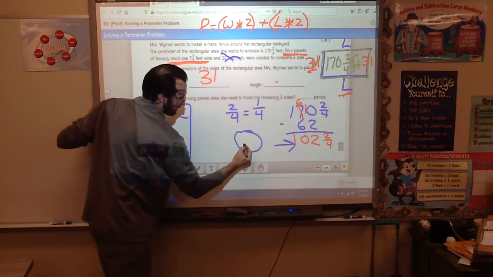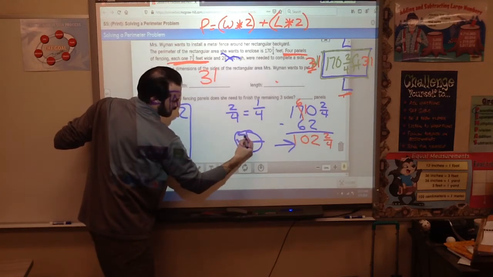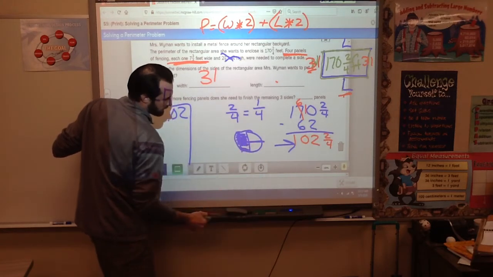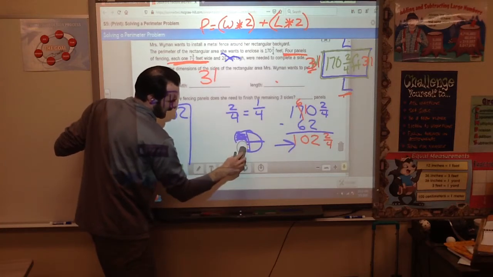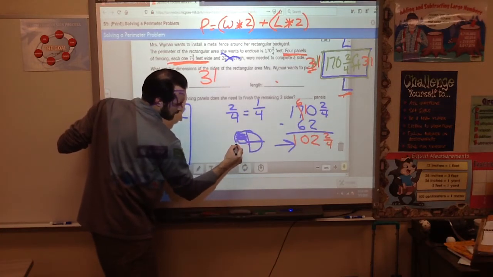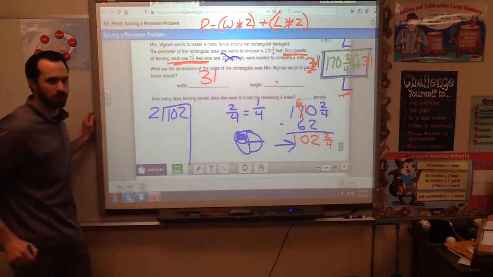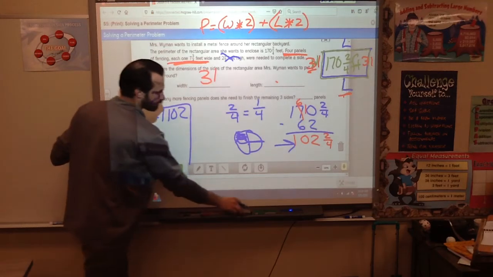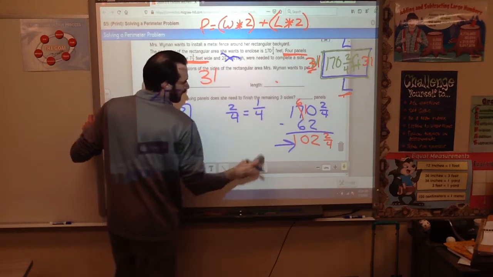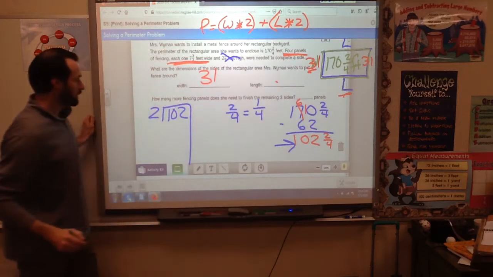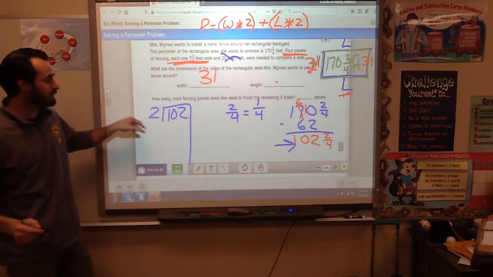Here's an example. There's 2/4. If I cut that in half, or get rid of half of it, it would just be 1/4. Right? Okay, so now I need you to take 102 and divide by 2.